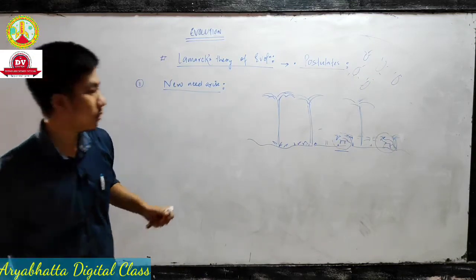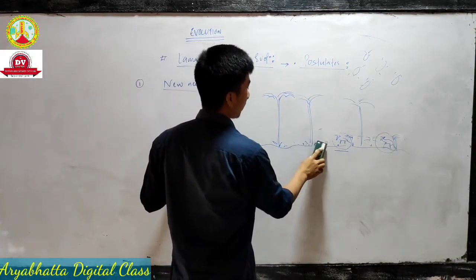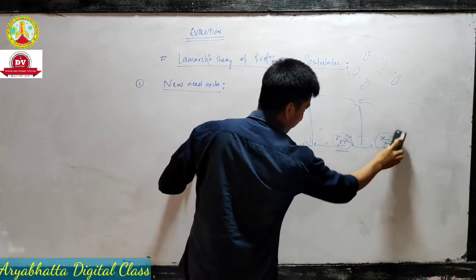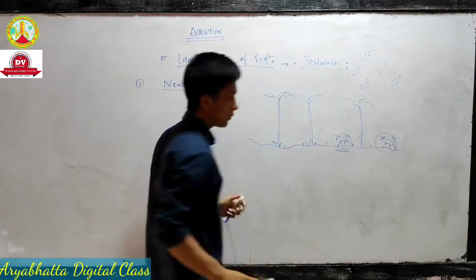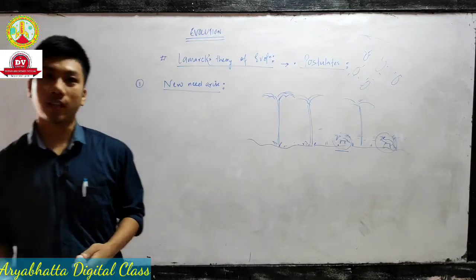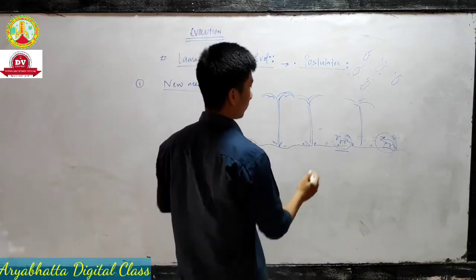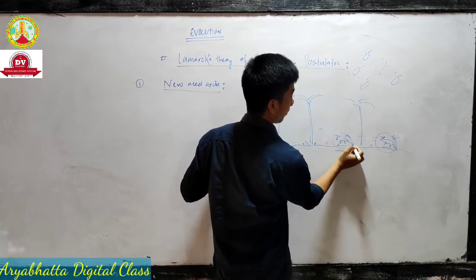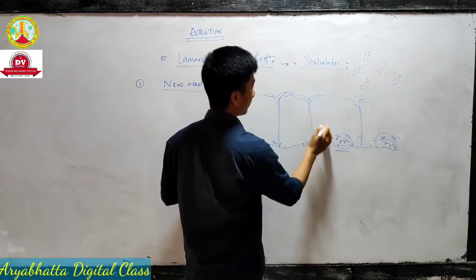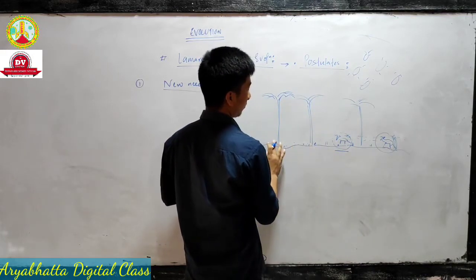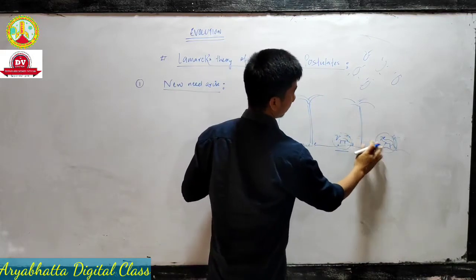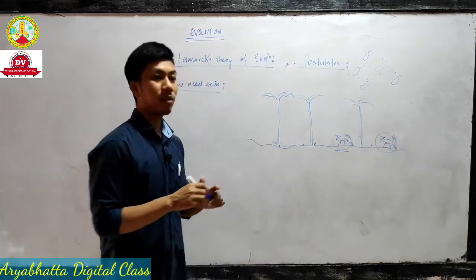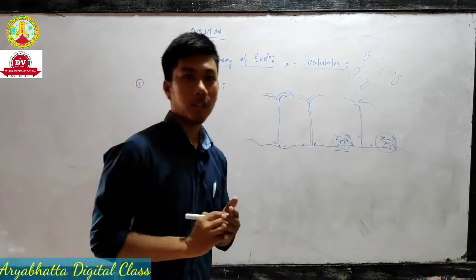So all the small plants got destroyed, as well as the dinosaurs. Maybe the dinosaurs were not clever enough, that's why they all became extinct. So these animals survived somehow.